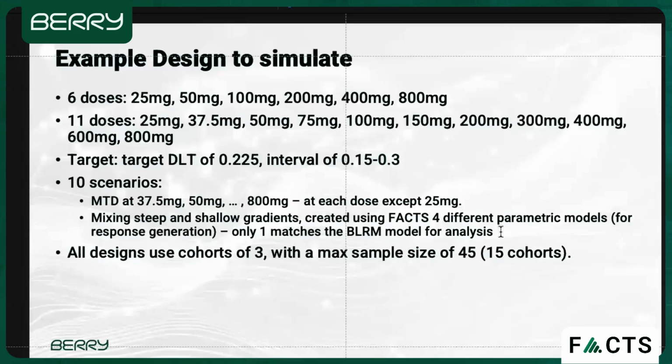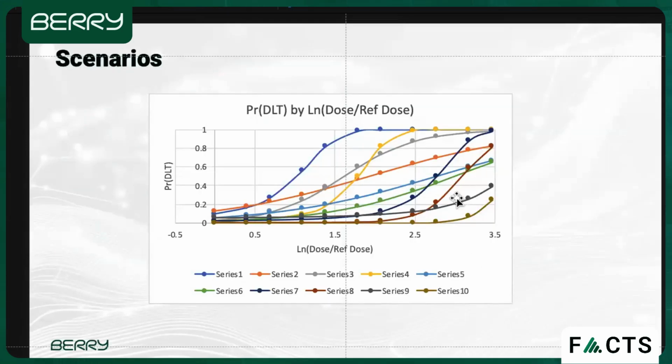All of the designs are going to use cohorts of 3 with a maximum sample size of 45, 15 cohorts for the 6-dose case, and actually 60 and 20 cohorts for the 11-dose case, which I didn't note there in the slide. So this is what the curves look like. I hope you're happy that that's a very varied range, and will probably test the flexibility of all our methods.